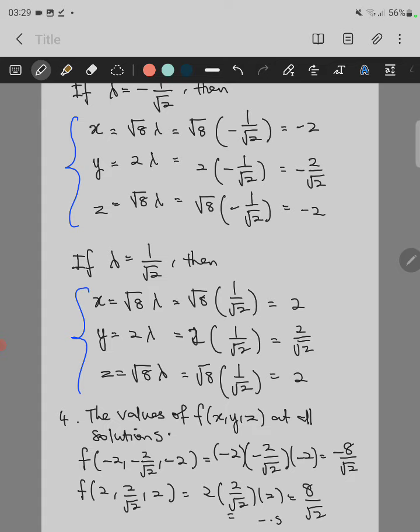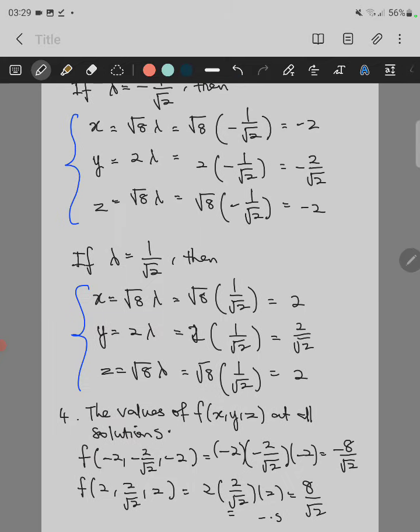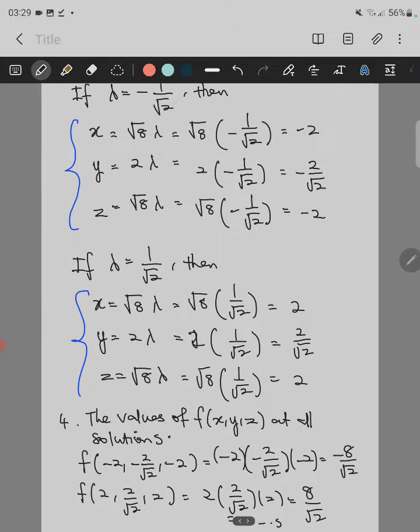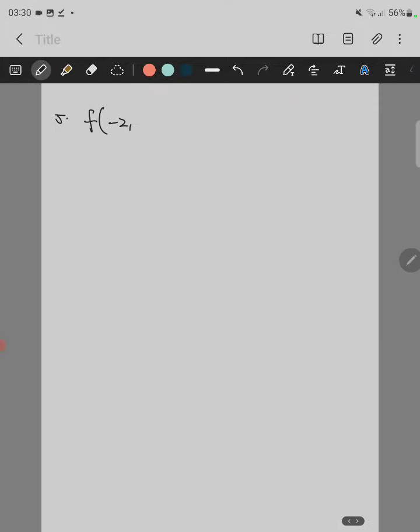And then the last step, step number 5. The largest value will be our maximum value, and the smallest value will be the minimum value. So it shows that f at minus 2, minus 2 over square root of 2, minus 2 is equal to minus 8 over square root of 2.